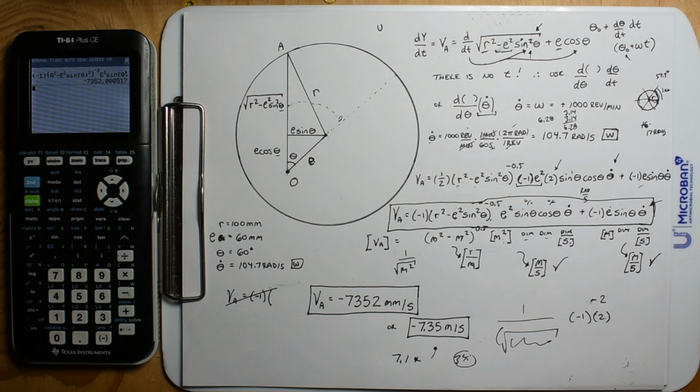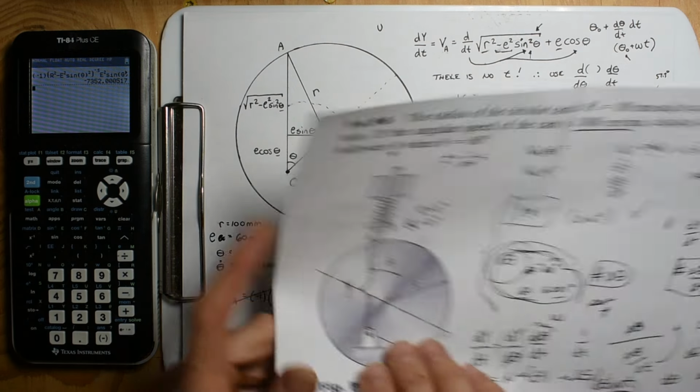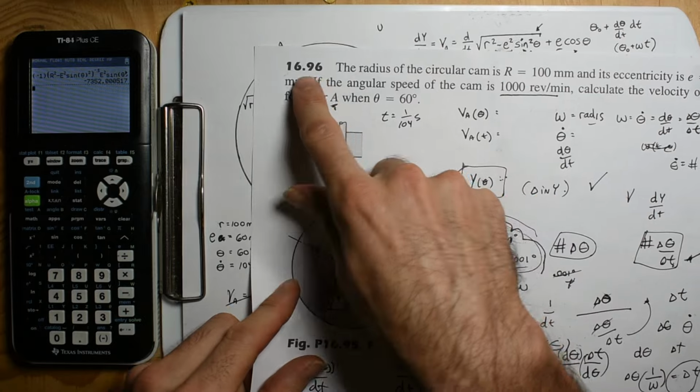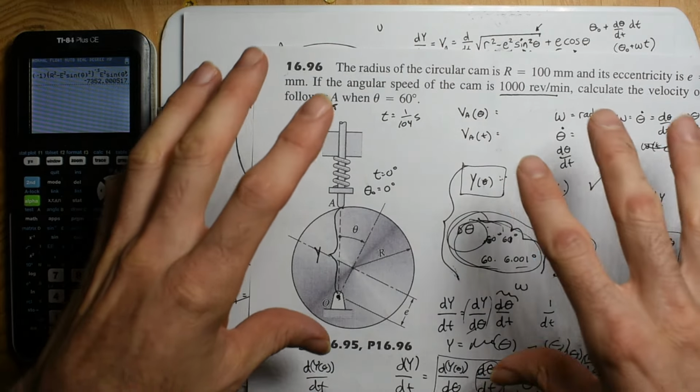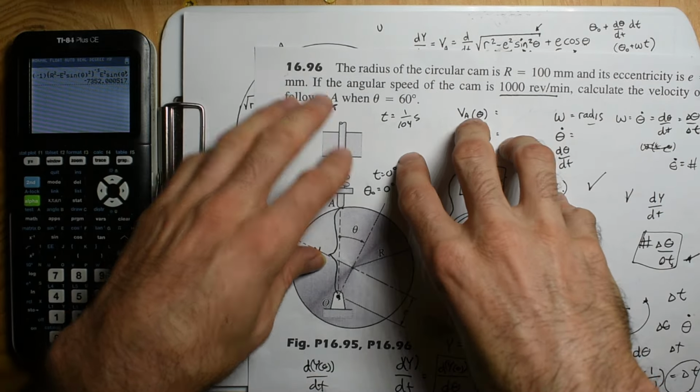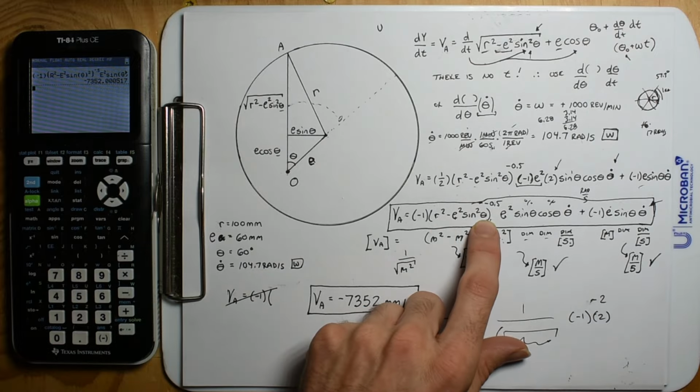So thanks for joining me on part 4. This was differentiation. If I do part 5, we might as well go for it, because 16.95 says, hey, find the equation for the angular velocity. We did in terms of theta.